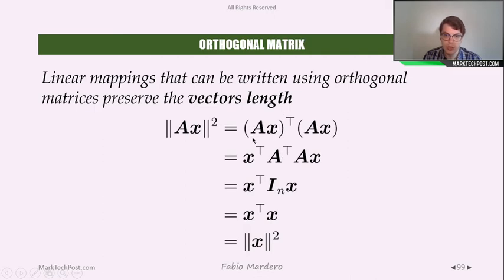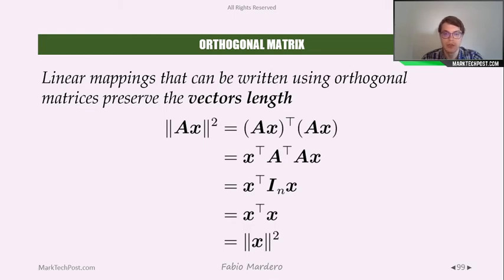We have to switch the two vectors or matrices in applying the transpose. Then we know that since the A matrix is orthogonal, this product will result in the identity matrix, and so we get that the square of the norm of A times X is equal to the square of the norm of X.